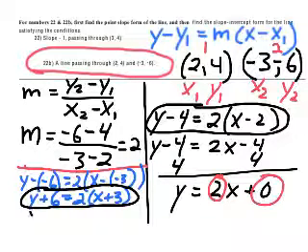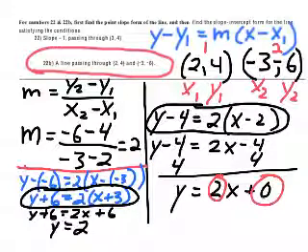So we've got y plus 6 equals 2x plus 6. Notice again that the 6's will cancel out if I add negative 6 to both sides, and so we get y equals 2x. And that's what we have right here too.